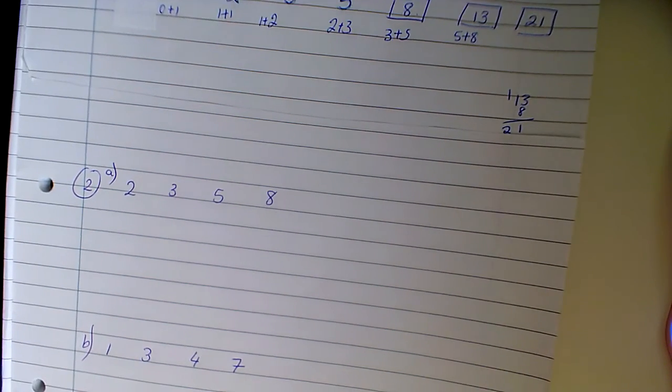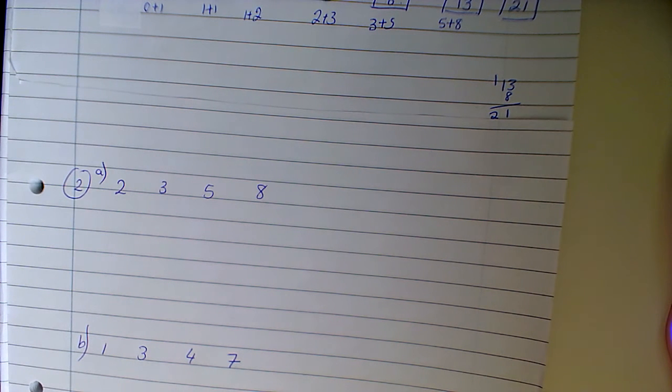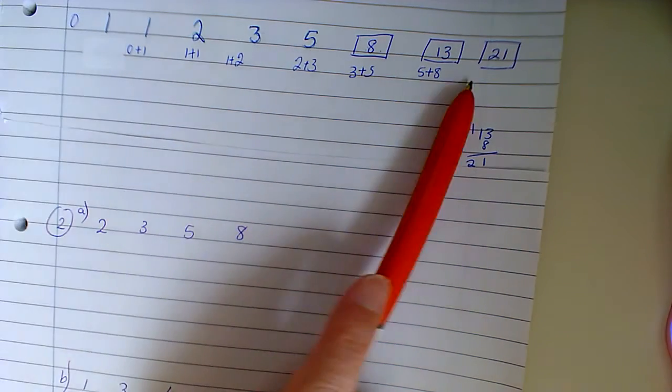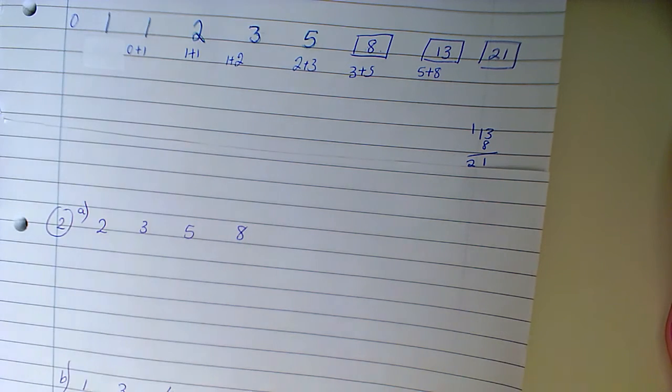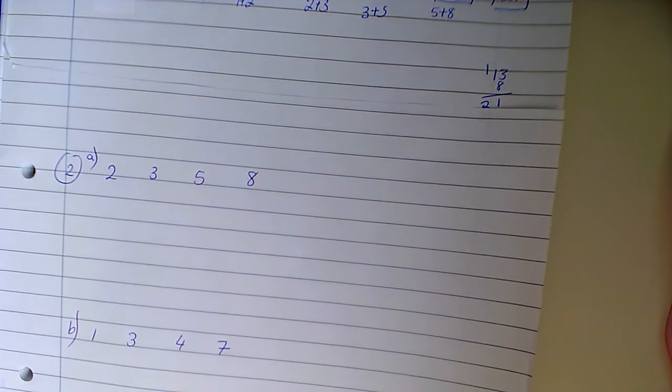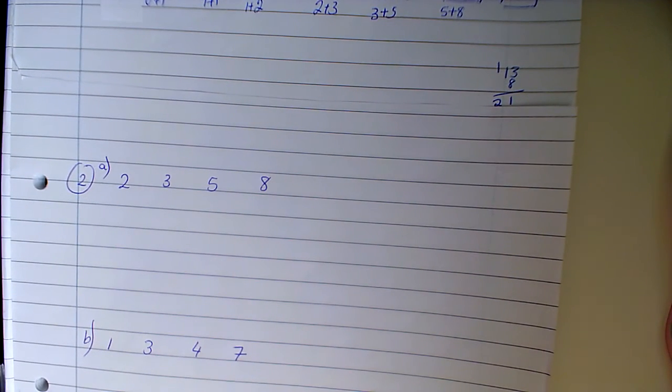Okay, so this is question 2 on your worksheet. You've been given the first 4 terms in a Fibonacci style sequence. This one that we did at the beginning, that is the Fibonacci sequence. A Fibonacci style sequence just follows the same rule.